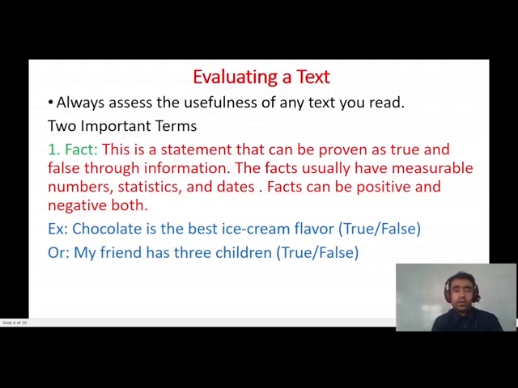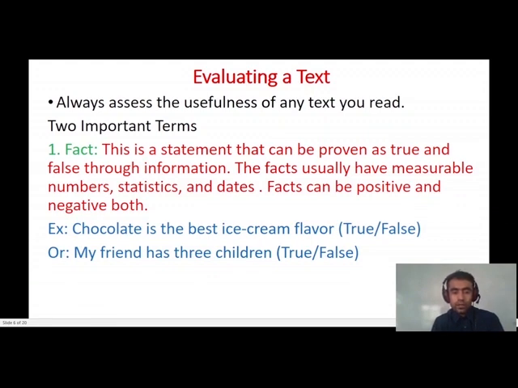So facts are information which can be proven as true or false through finding information. If something is true, you can prove whether it's true or not by searching about it, by finding out about it. You can see if it's false by finding information about it. So facts can be positive and negative, both.